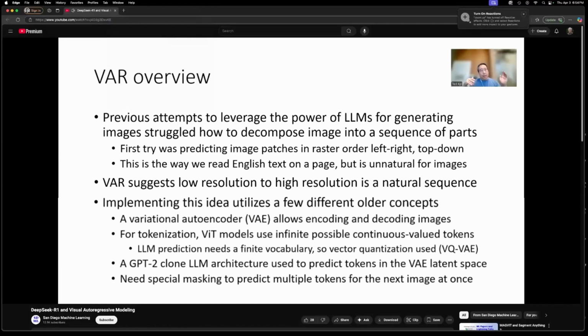And now what they want to do is predict an entire image. They want to predict multiple tokens at once. How exactly do you do that? There's not a super obvious precedent for how you do this. It doesn't take rocket science, but it just requires a little something. So we're going to need to figure out how to do that, and we're going to have some special masking to get that right. So that's just a high level overview of the concepts.